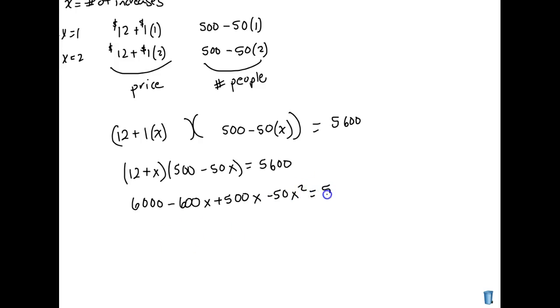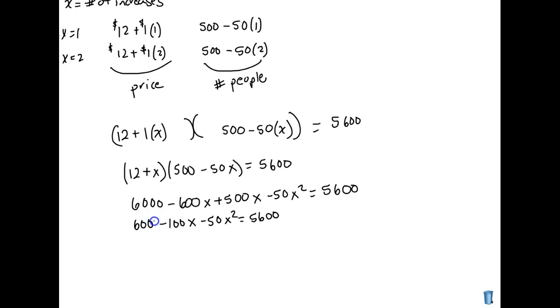And this equals 5,600. Now I want to combine like terms, and then get everything onto one side of my equation. I really want to rewrite it so that it's a little easier to understand.